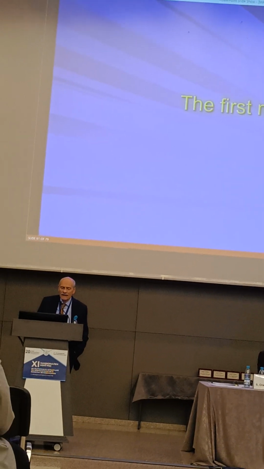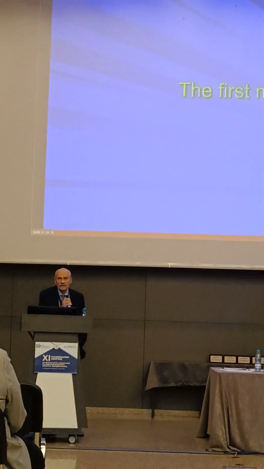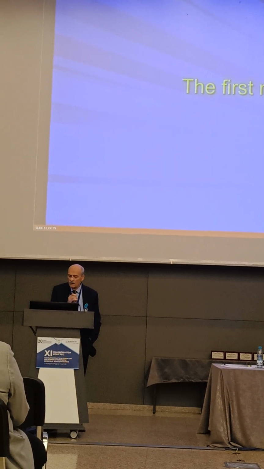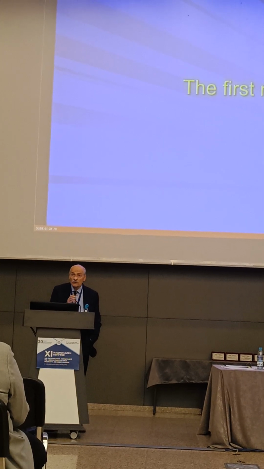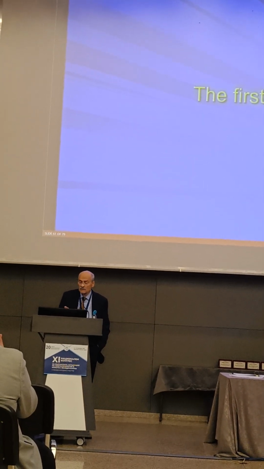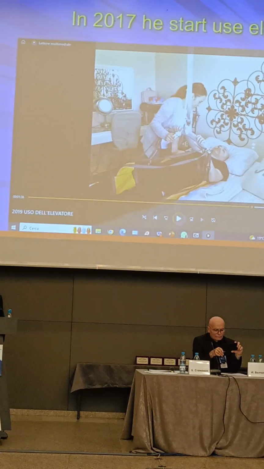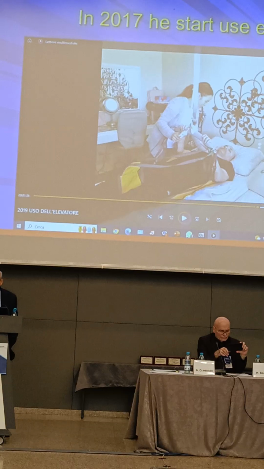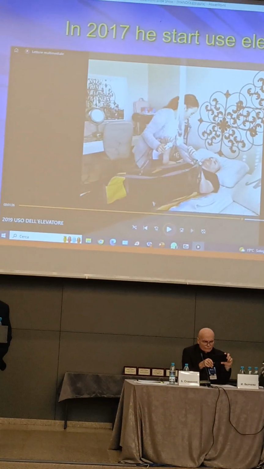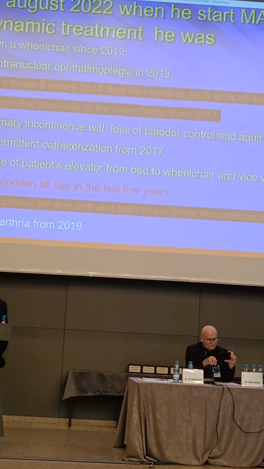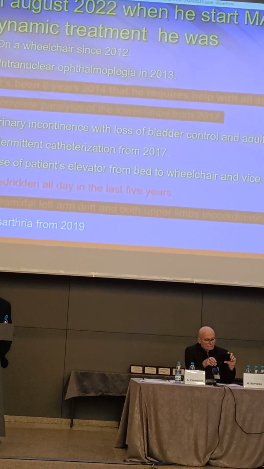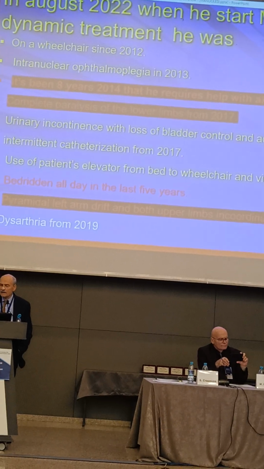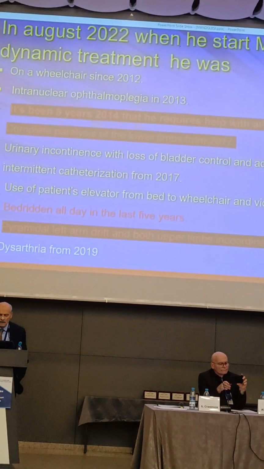Now we speak of our results with this method. Why speak of the first miracle? Because this was a real miracle. When we met this patient, for 8 years he had required help with the activities of daily living. 8 years.